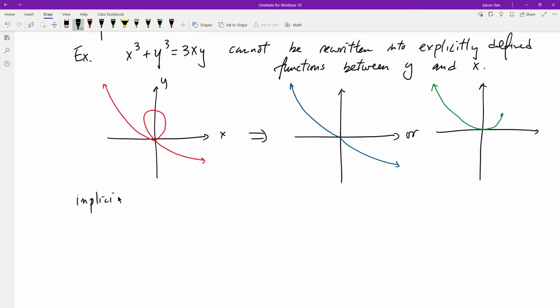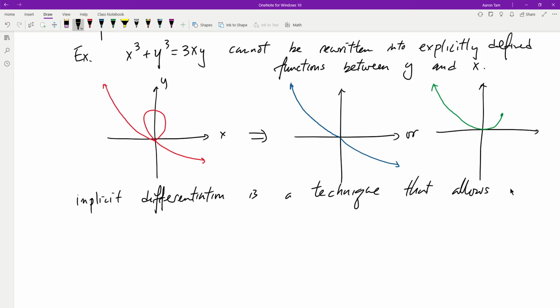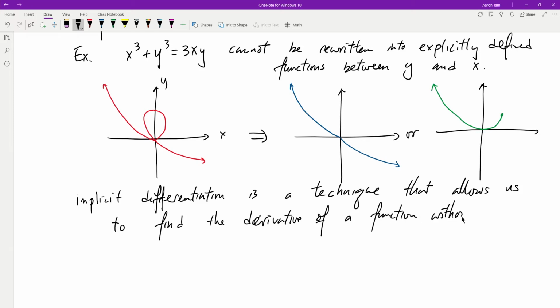Implicit differentiation is a technique that allows us to find the derivative of a function without it being explicitly defined.